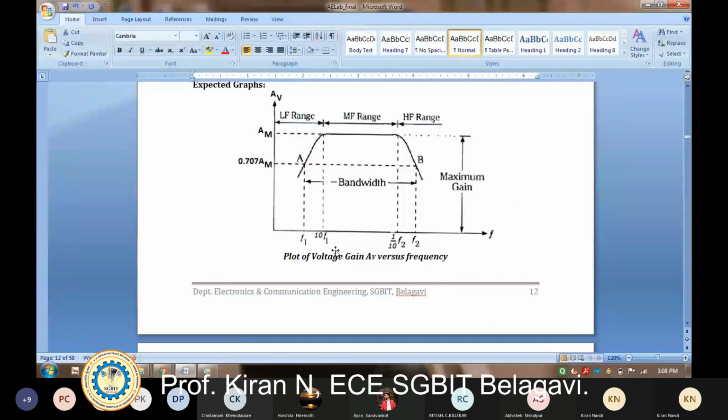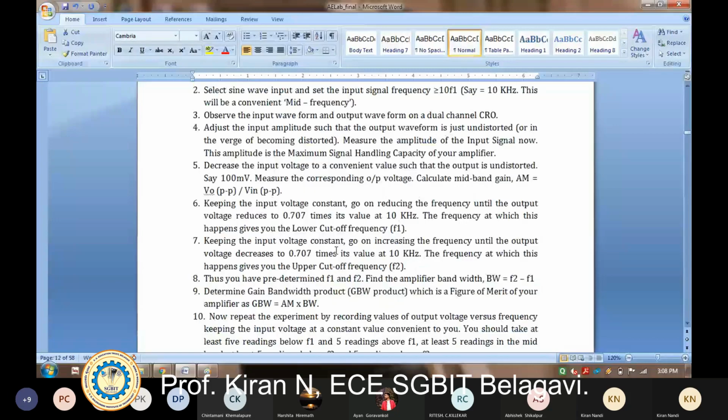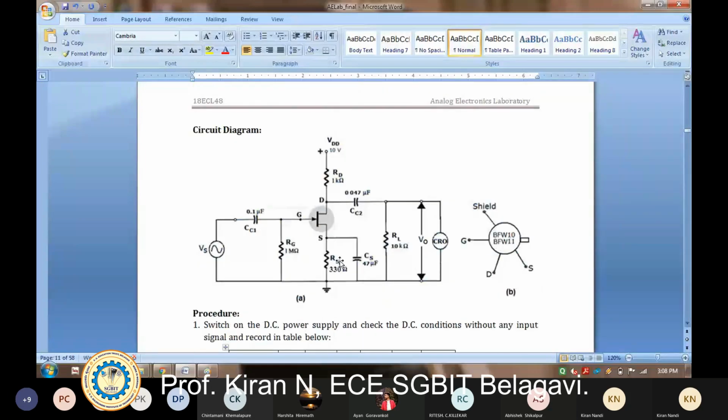I'll show you how this circuit diagram works. Once we understand the working of the circuit diagram, then we can build the circuit in the Multisim tool.